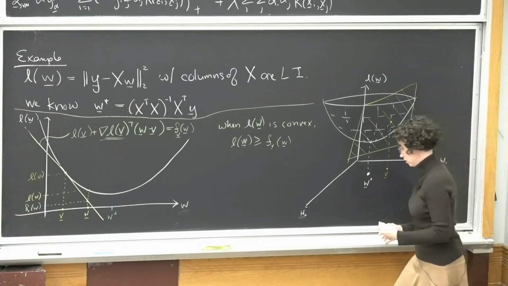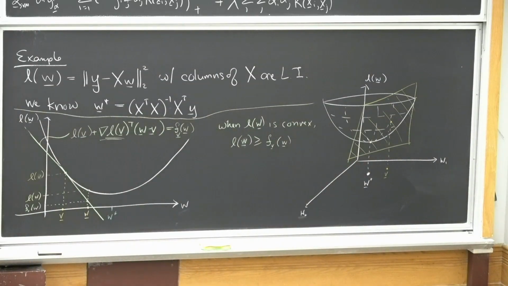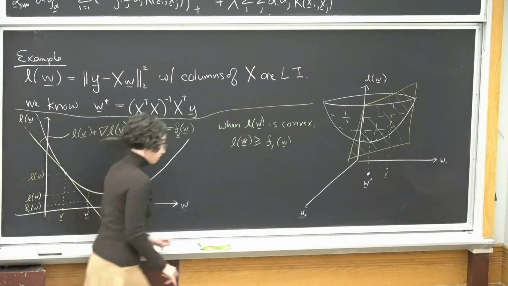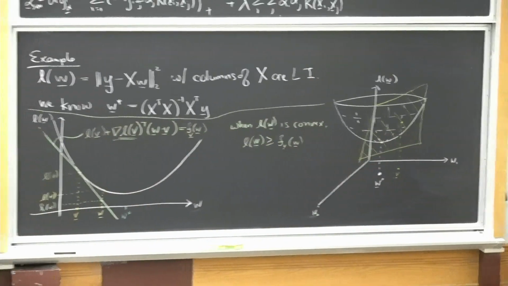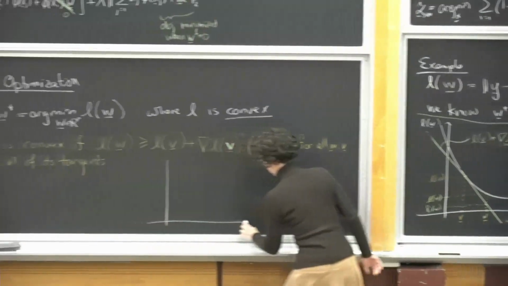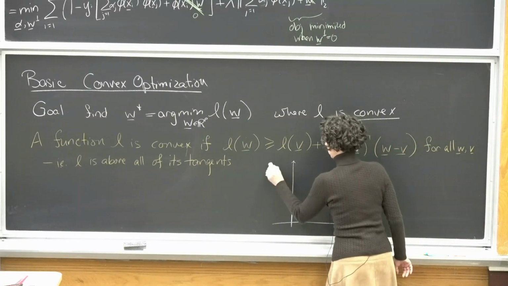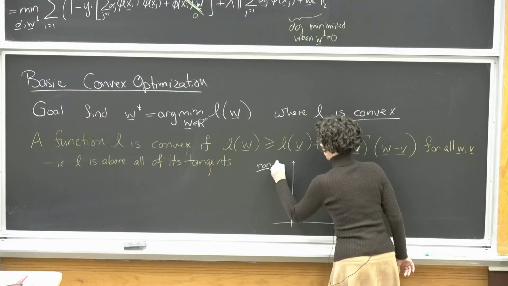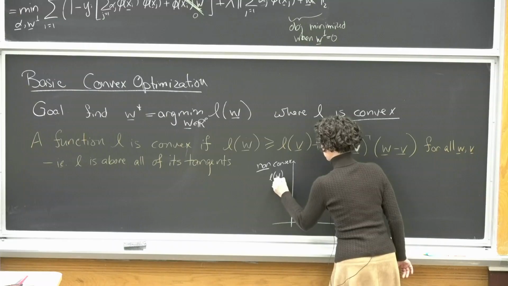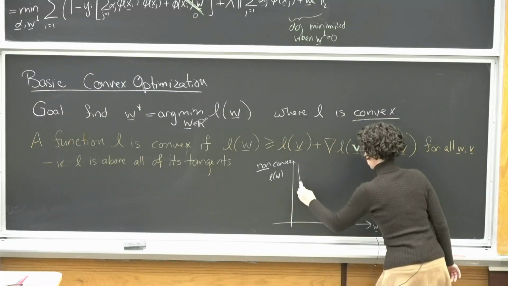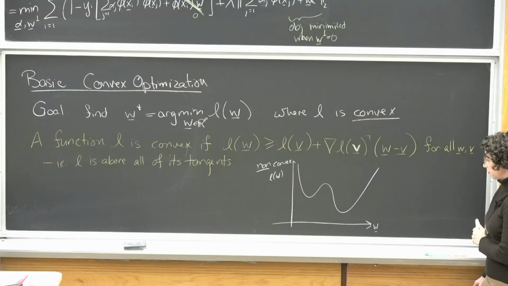In contrast, if I were to have a non-convex function, over here, I'll just do this in 1D. So I've got W and I've got non-convex L of W. And so here's my function.